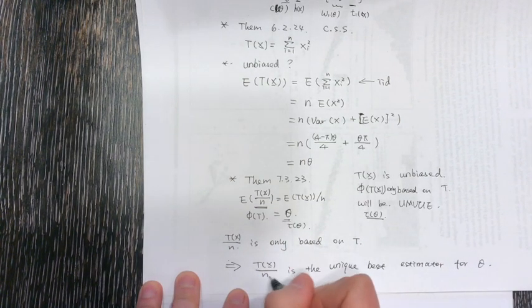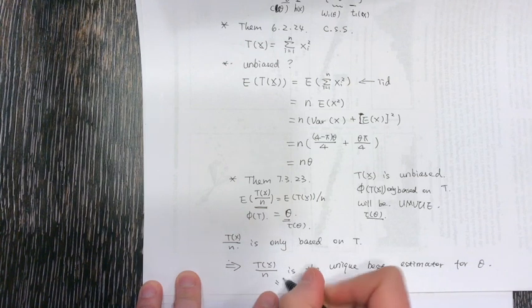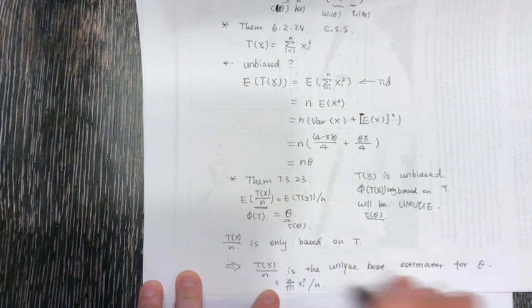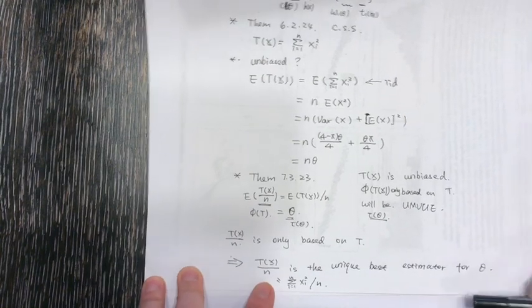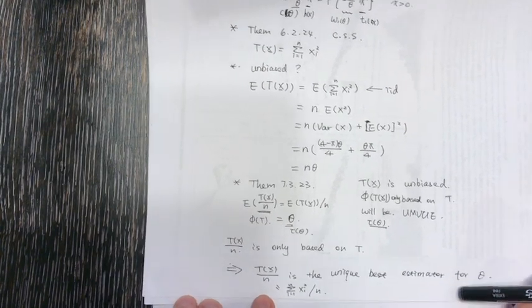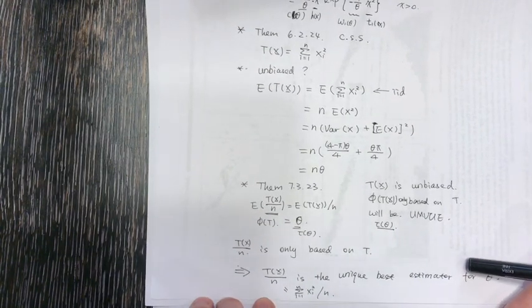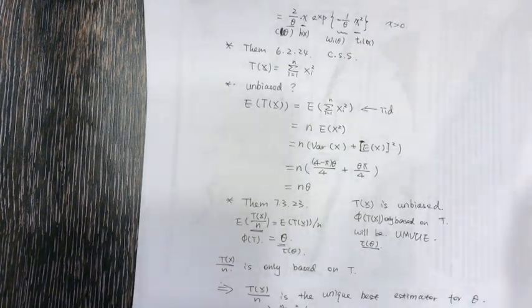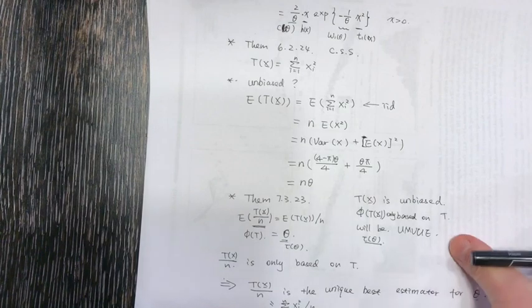And this is equal to the sum of Xi squared divided by n. Which means we got the same answer as we did using corollary 7.3.15.